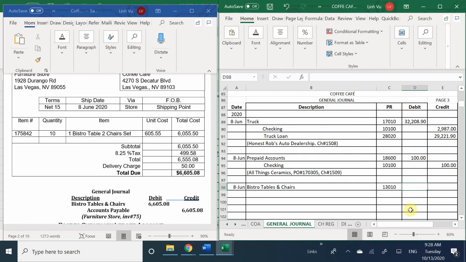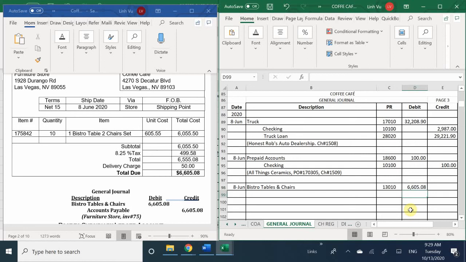They're all essentially the same exact table and chair. We bought 10 sets of them. So therefore, we're going to just grab the total amount and just depreciate it as a group. So in this case, my grand total is going to cost me $6,605.08.